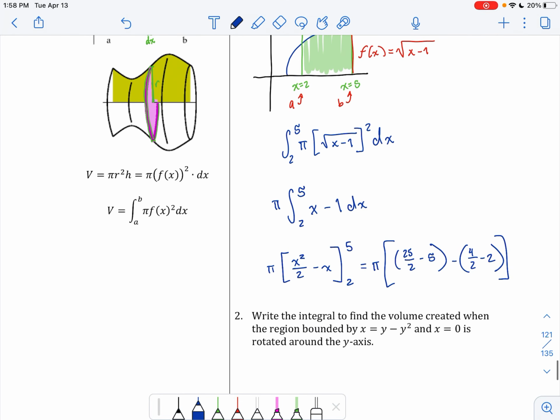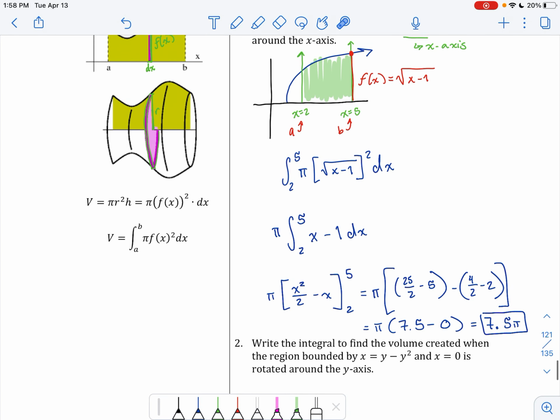Then when I evaluate that, 25 over 2 is 12.5, minus 5 is 7.5, 4 over 2, so pi times 7.5, minus 4 over 2 is 2, minus 2 is 0, so the final volume is 7.5 pi of that bowl figure.